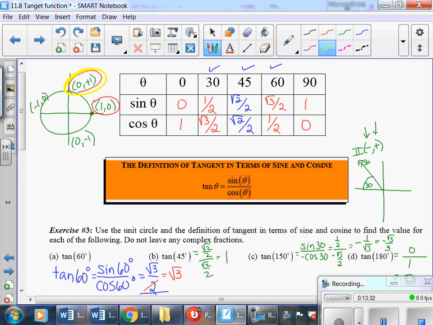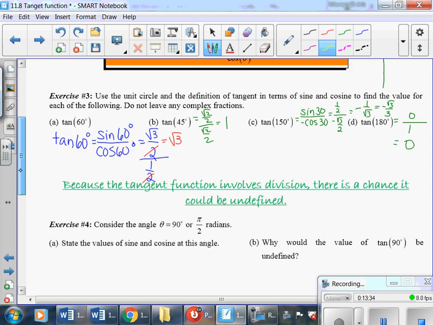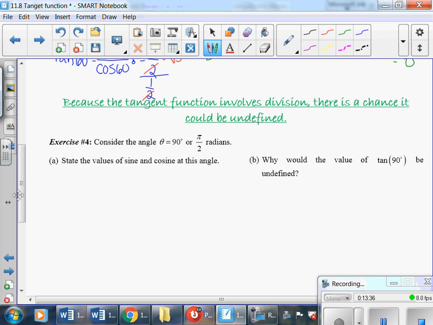Right here, 0, comma 1. So therefore, I know that the cosine of 90 degrees is 0, and I know the sine of 90 degrees is 1.